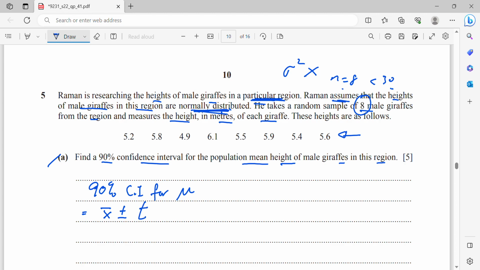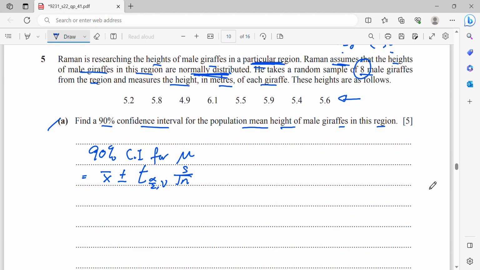So the formula is x bar plus minus t, then here is going to be alpha over 2, then degrees of freedom, then s over square root n. Okay, so this is the confidence interval formula. But before we substitute into this formula, we need to count the x bar and the s. So now I need to get my summation x first.